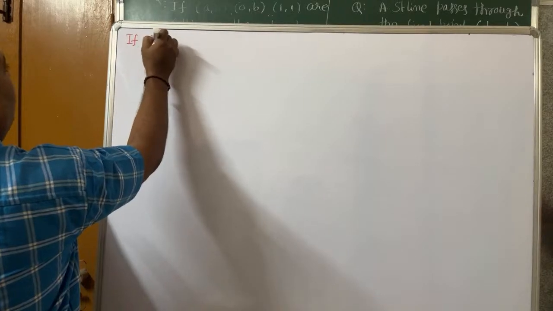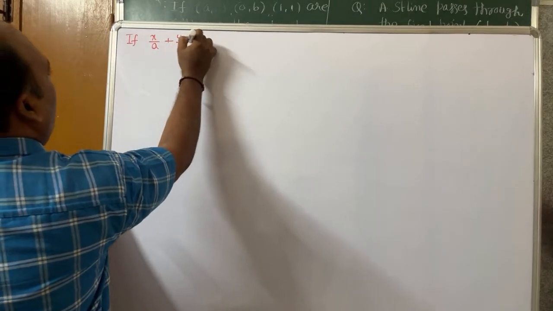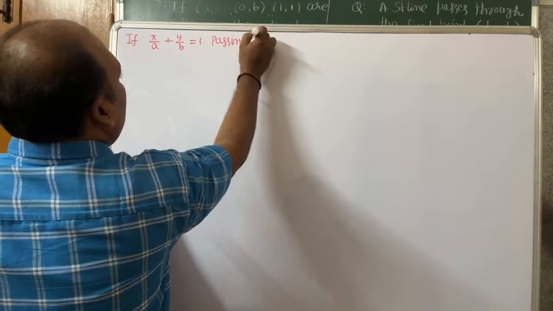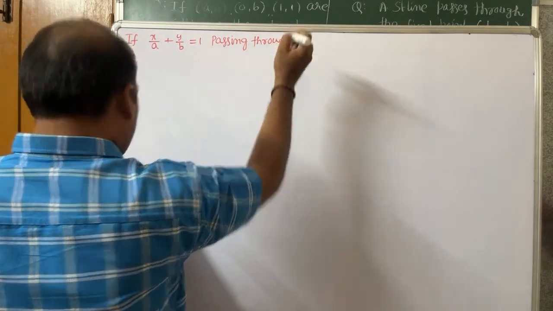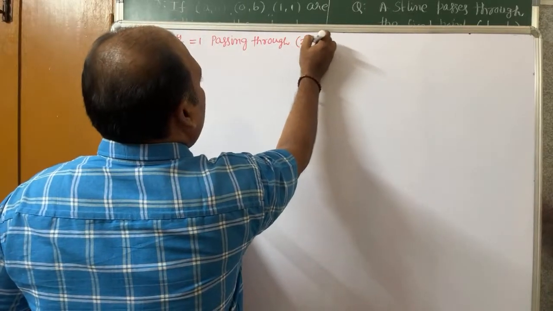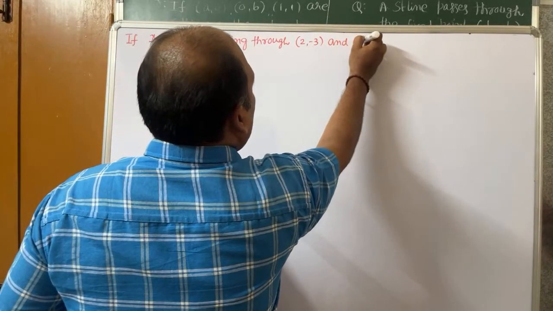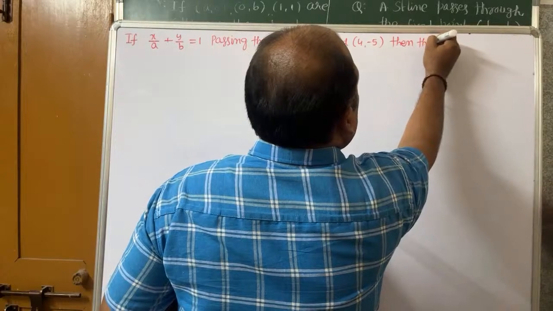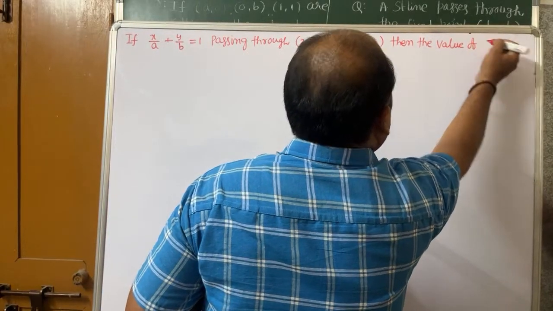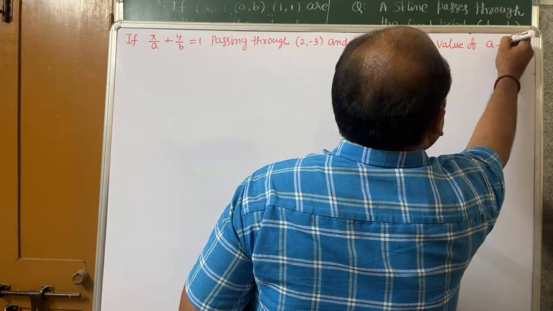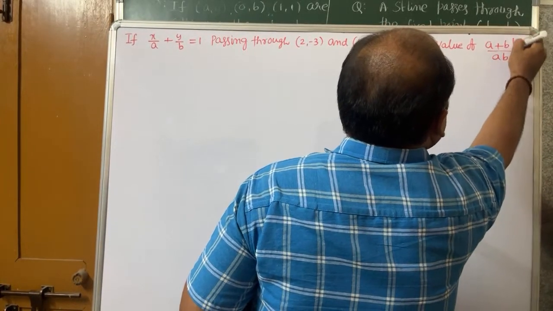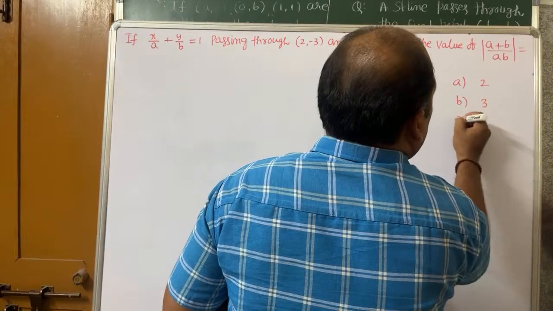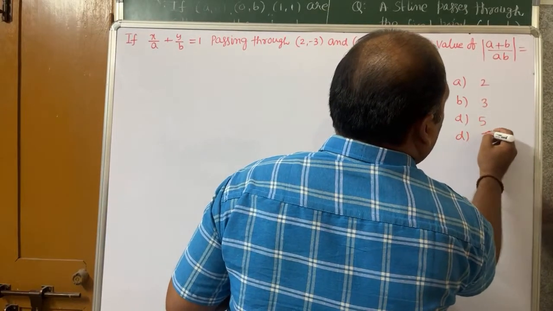If x by a plus y by b is equal to 1 is passing through the points (2, minus 3) and (4, minus 5), then the value of mod of (a plus b) divided by ab is equal to, with options 2, 3, 5 and 7.